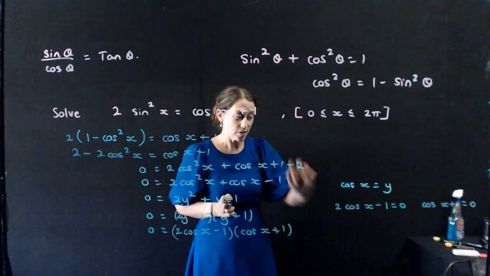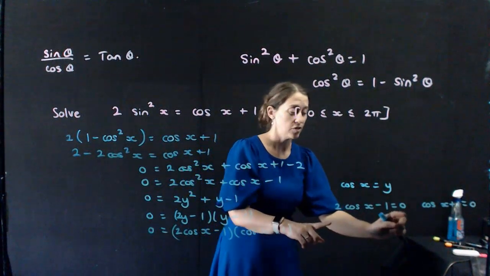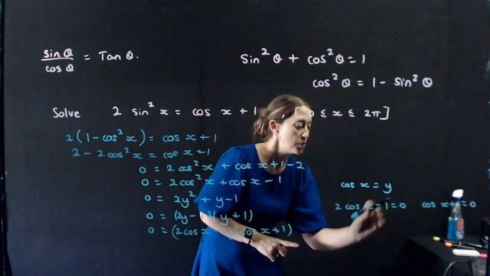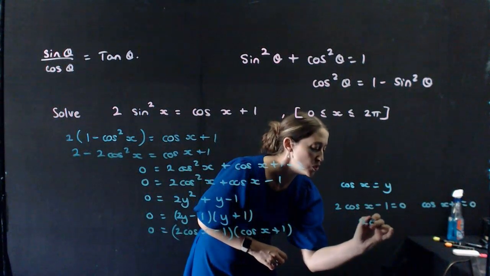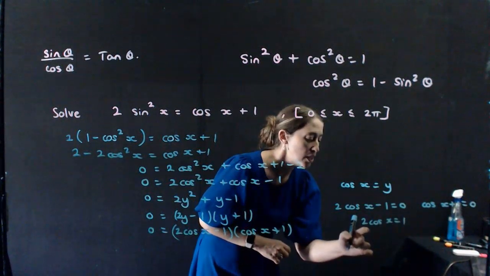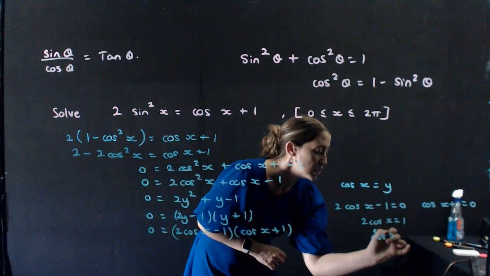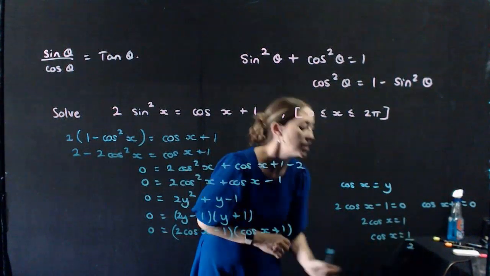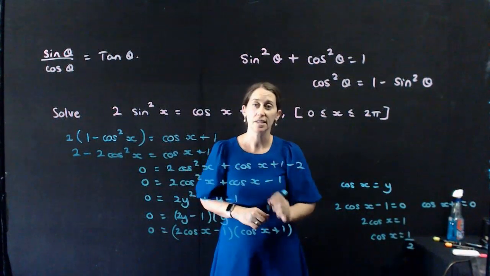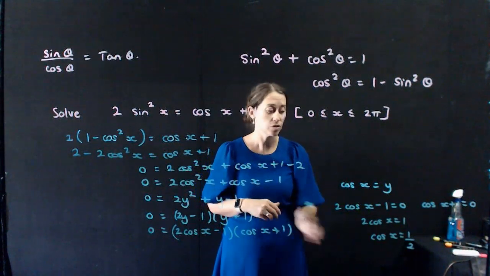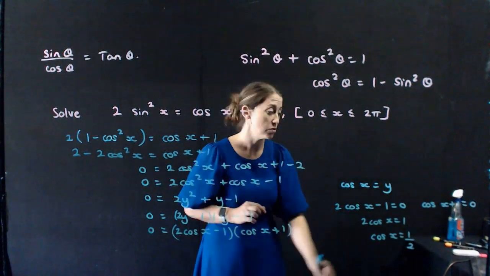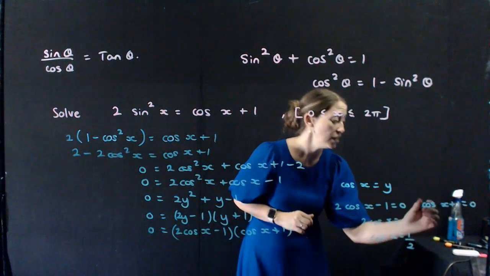So let's solve each of these individually. Let's just focus on this one first. Moving the 1 over, we get 2 cos x equals 1. Dividing by the 2, you get cos x equals 1/2. Now you should look at that and go, that's an exact value from a special triangle. So we'll hang on to that one for a second. Let's look at this one over here.